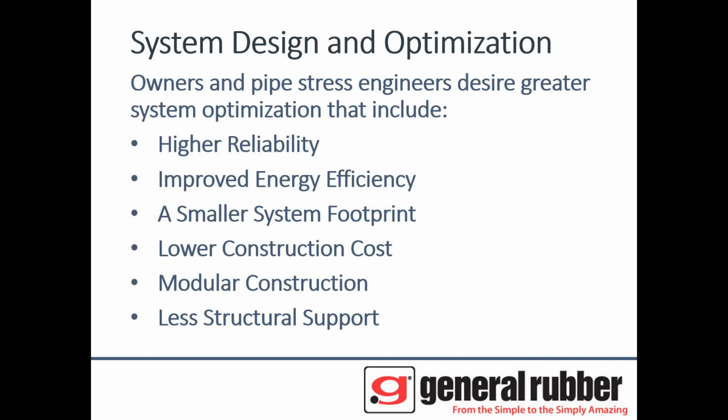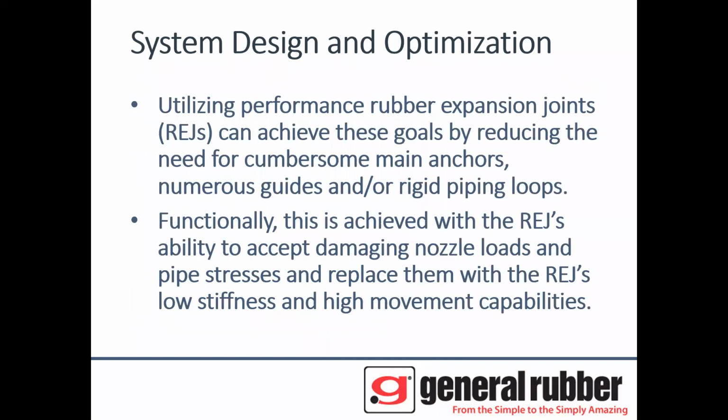includes higher reliability, improved energy efficiency, a smaller system footprint, lower construction cost, modular construction, and less support structure. Utilizing performance rubber expansion joints can achieve these goals by reducing the need for cumbersome main anchors, numerous guides, and/or rigid pipe loops.